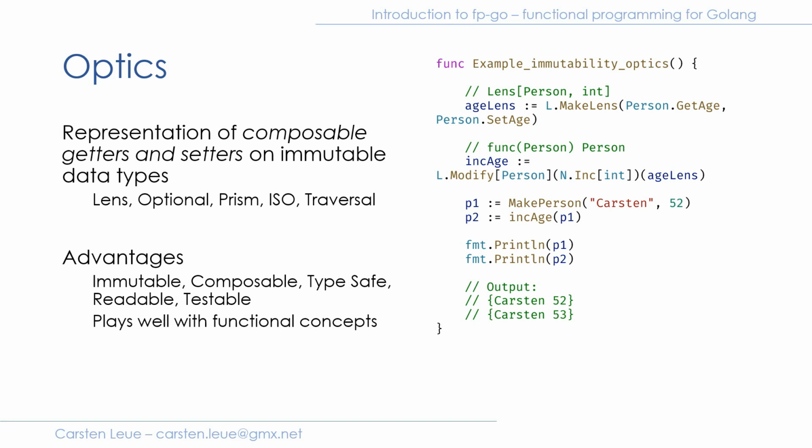As an example here, we have the same person data structure as before. We use the lens modify operation with a callback that increments a value, in this case the age, and the implementation makes sure to copy the relevant parts of the data structure and return the correct value.